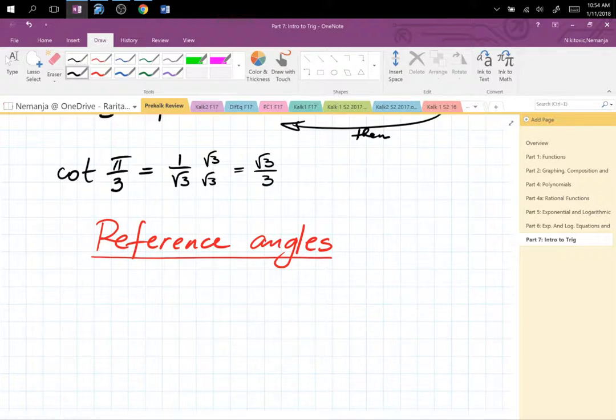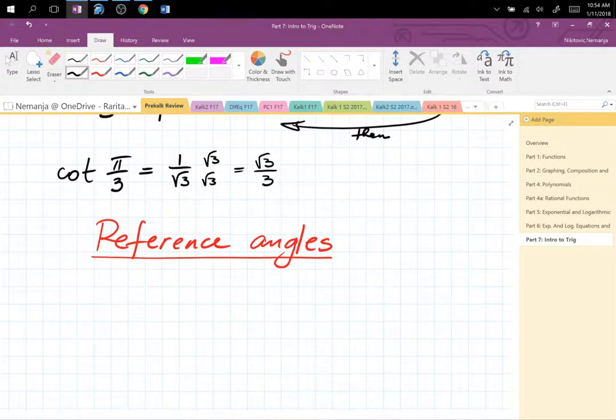Remember that the chart of values that I gave you only contains 0 through 90. I can reduce any angle you give me, doesn't matter how large or small or positive, negative, whatever, to a 0 to 90 equivalent. So for that we use reference angles.